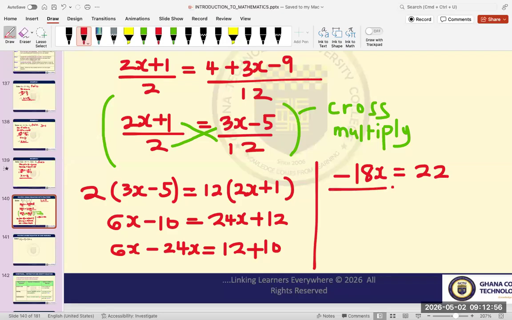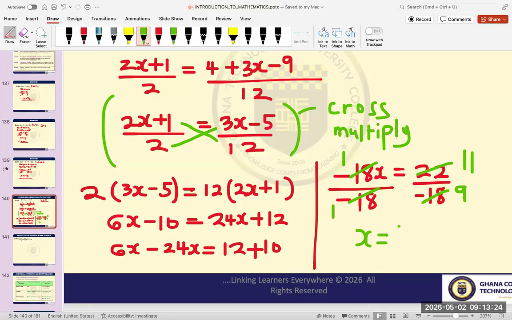We divide every side by negative 18. Negative 18. And we do the cancellation. Negative 18 will cancel itself. So we'll be left with x. Now 2 goes here, 11. 2 goes here, 9.